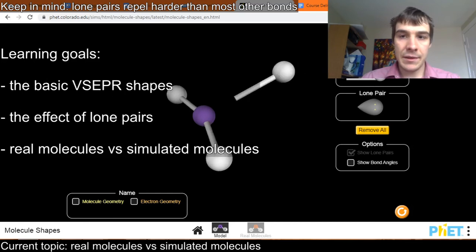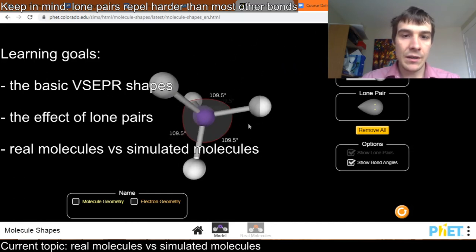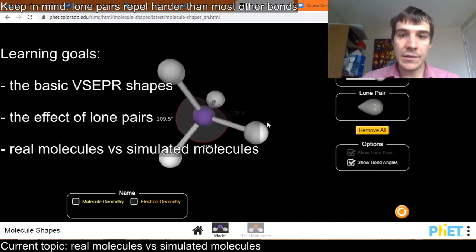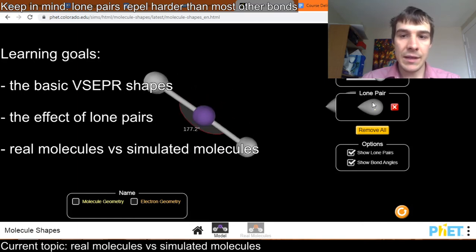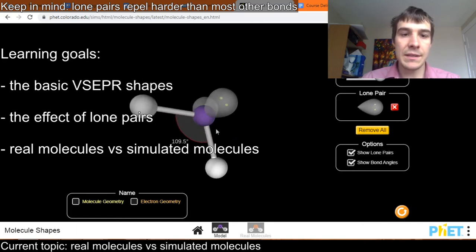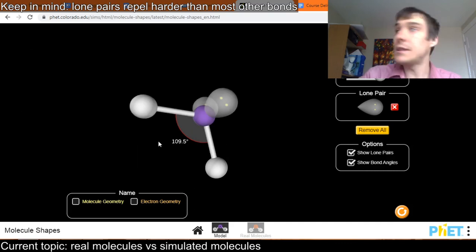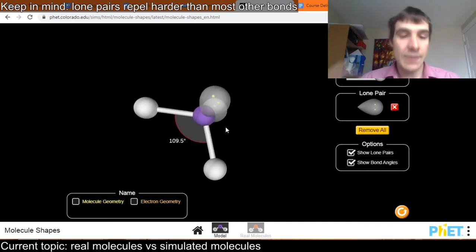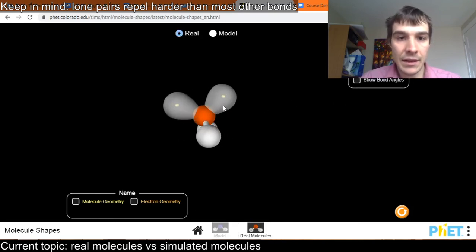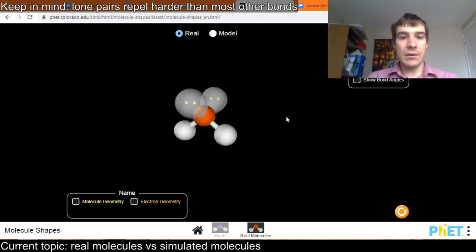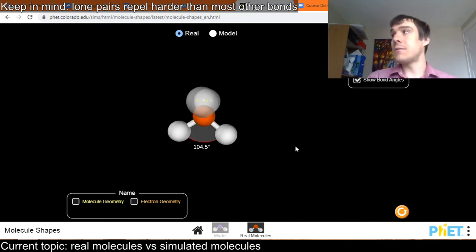So for example, if I have a tetrahedron, the bond angle is 109.5 degrees. If I take 2 of these away and put them for lone pairs, this model predicts the same 109.5 degrees because that's the tetrahedral bond angle. But in a real molecule, like water for example, if we actually measure the bond angle of water, we get 104.5 degrees instead of 109.5, right? The real molecule has them pushed in a little bit more.